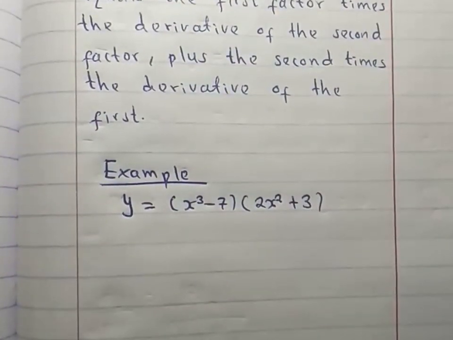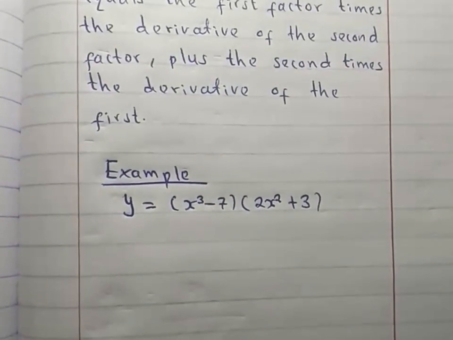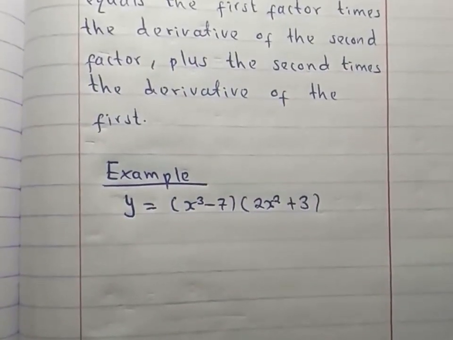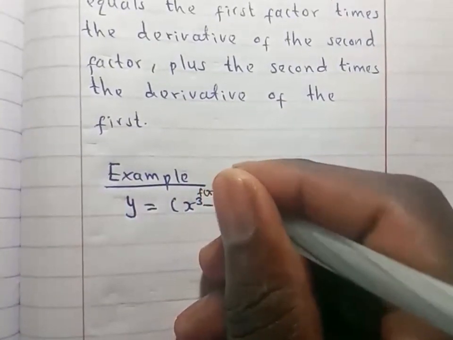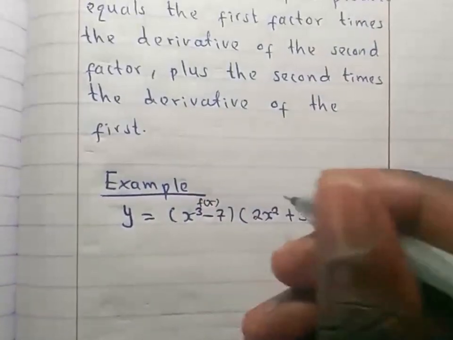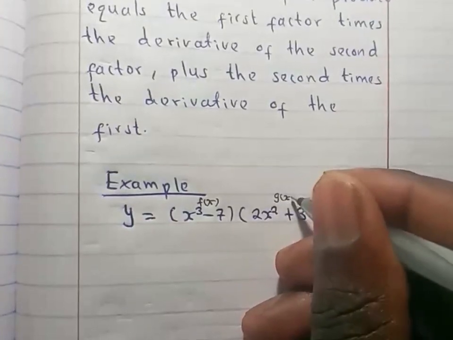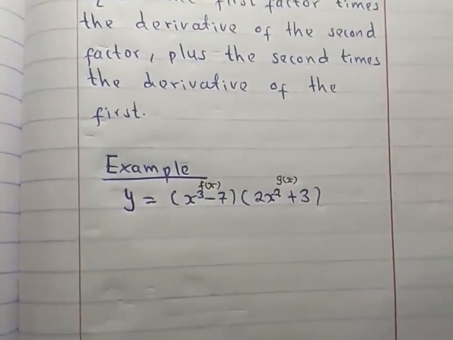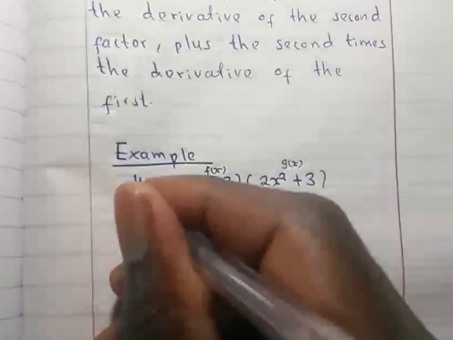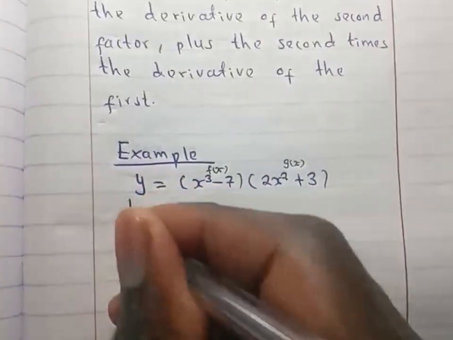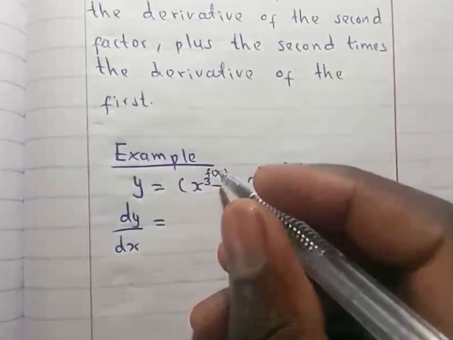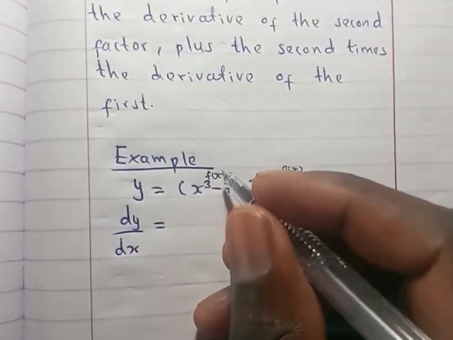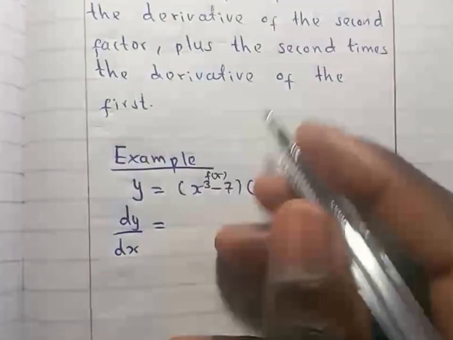So first, we will let the first function here be f of x, and then this one be g of x. Now, if you want to take the derivative of y, dy/dx is going to be, we hold the first factor times the derivative of the second factor.